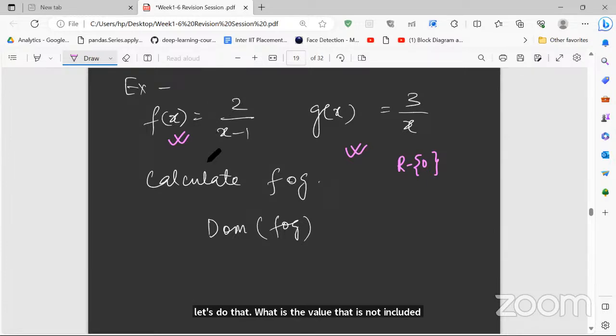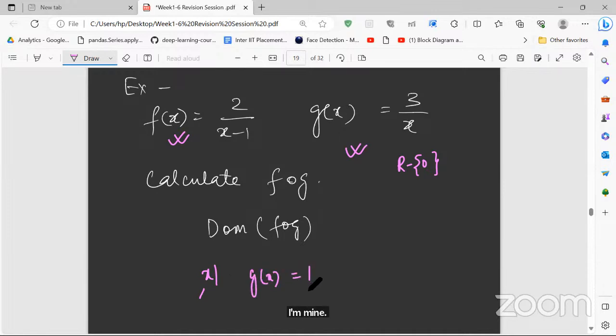So R minus 1: you have to exclude all those values of x where this function g(x) equals 1. You have to remove all x where g(x) equals 1. What are the values where g(x) equals 1? 3. So you have to exclude 3 also. So what should be the domain of f of g? R minus {0, 3}.